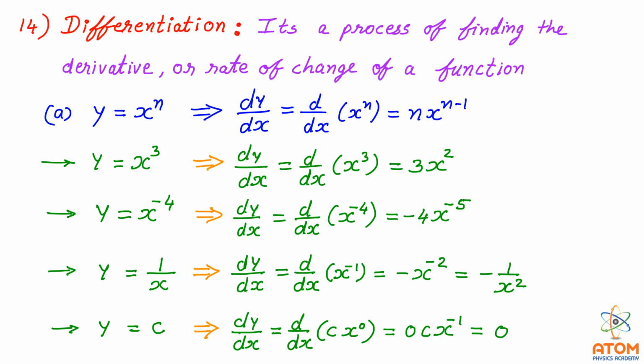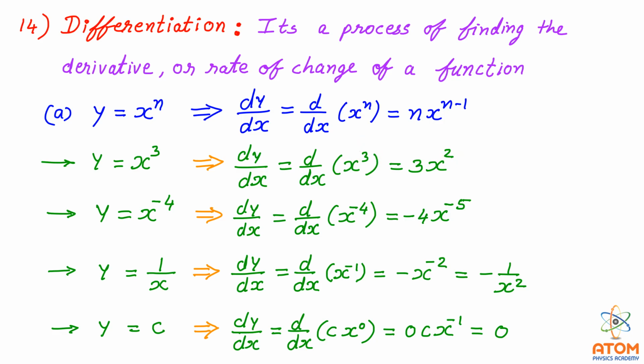Now let us see some examples. Suppose y is given as x raised to 3. So dy by dx, that means differentiation of y with respect to x, is d by dx of x raised to 3, that means differentiation of x raised to 3 with respect to x. That will become, as we have discussed here, power into multiplication and then power minus 1.